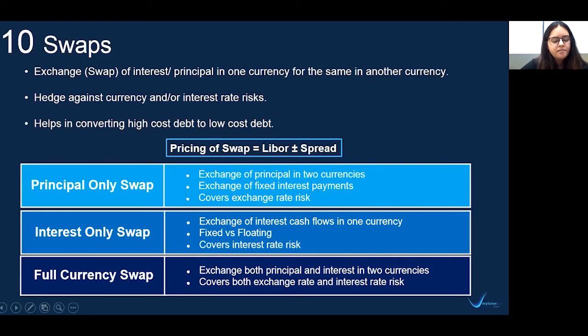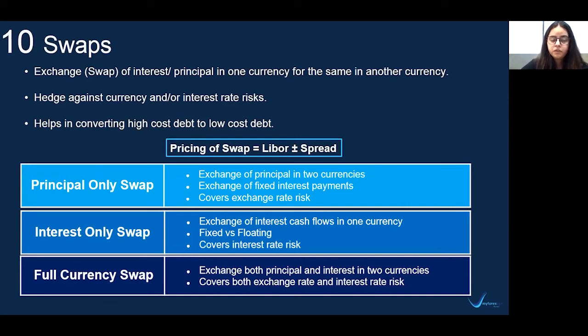Then, last but not the least, we have swaps. Swaps include exchange of interest or principal in one currency for the same in another currency. Swaps are used to hedge against currency and or interest rate risk. That is, they can be used to hedge currency risk, to hedge interest rate risk and to hedge both currency and interest rate risk.